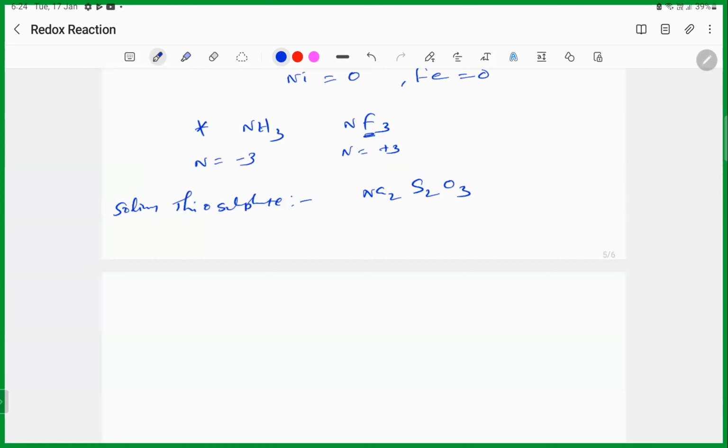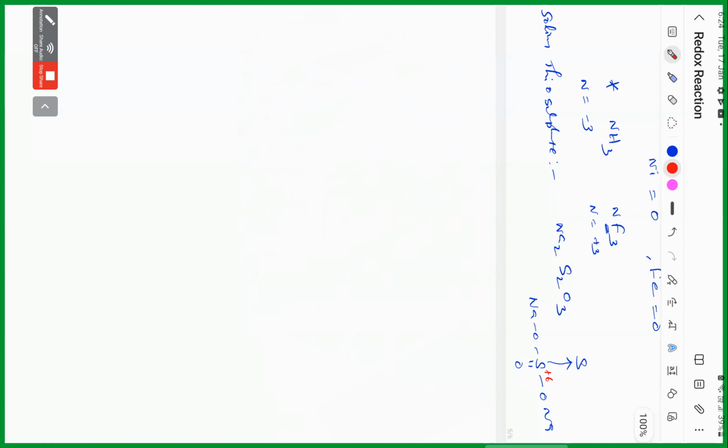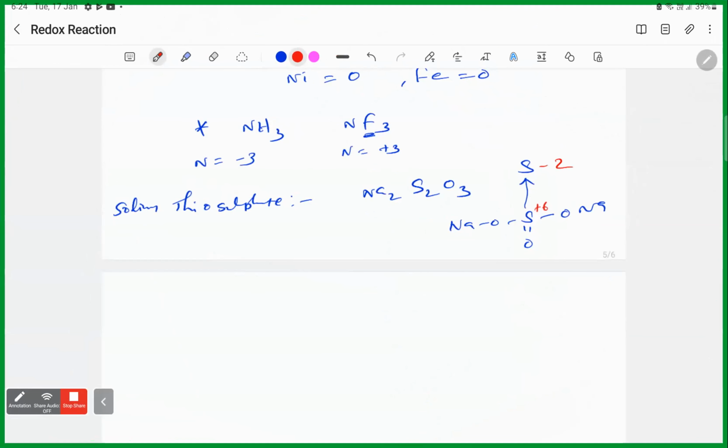When you write the structure of sodium thiosulfate, NaO-SO double bond O, with a bond to S, one sulfur has the +6 oxidation state and the other sulfur has the oxidation state of -2. So sulfur can exhibit two different oxidation states. These are the things you have to keep in mind.